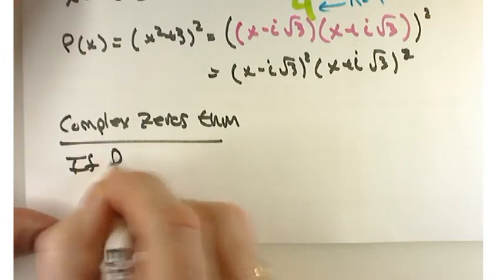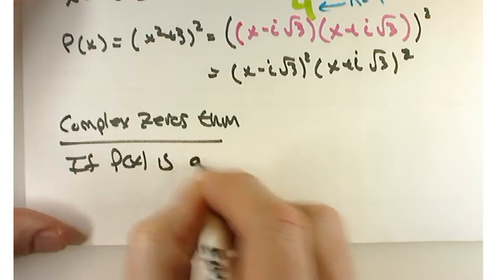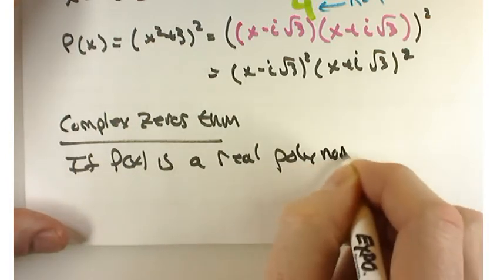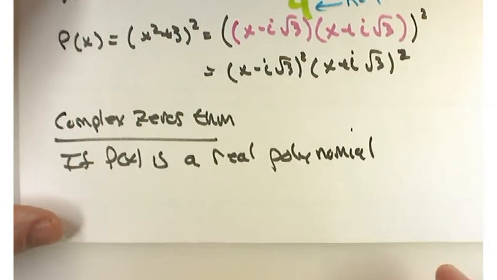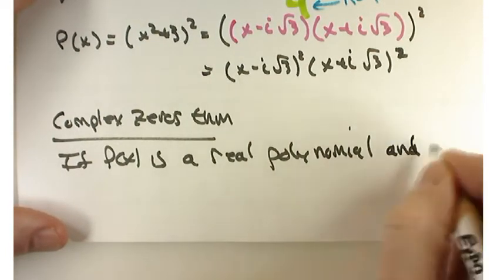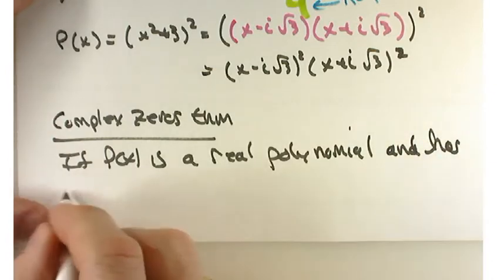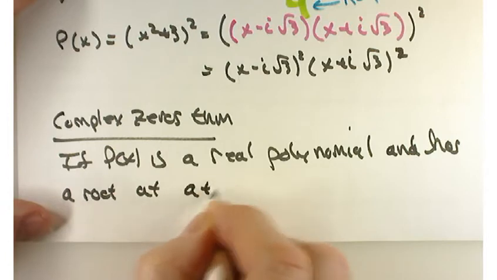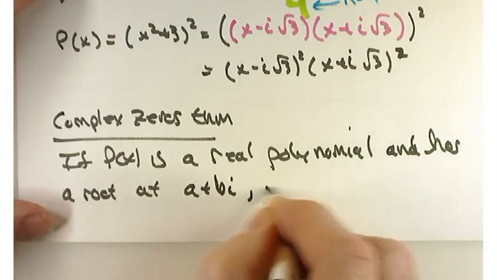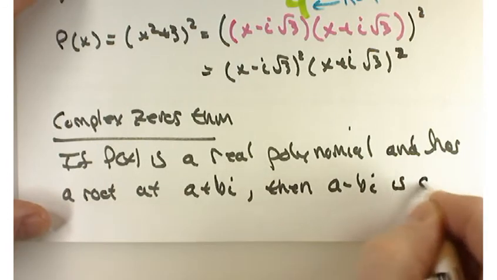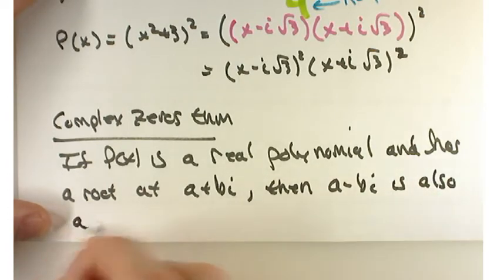If p of x is a polynomial with real coefficients, and has a root at a plus bi, then a minus bi is also a root.